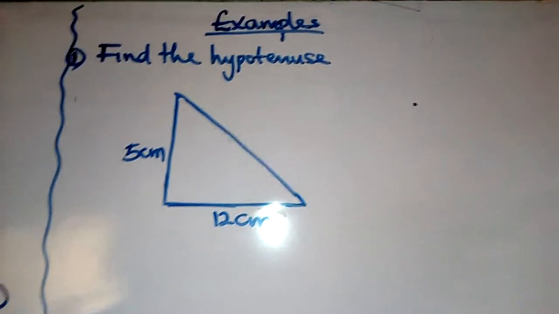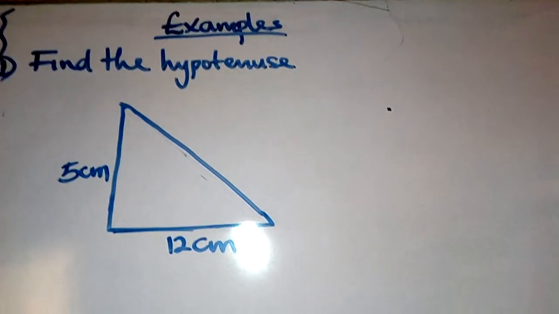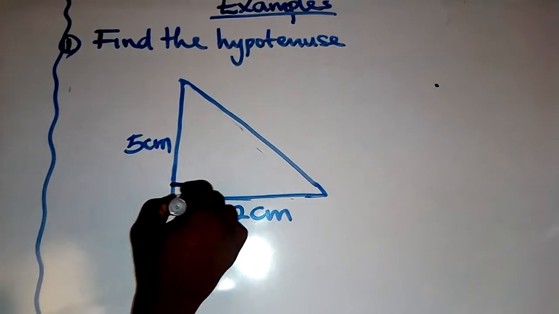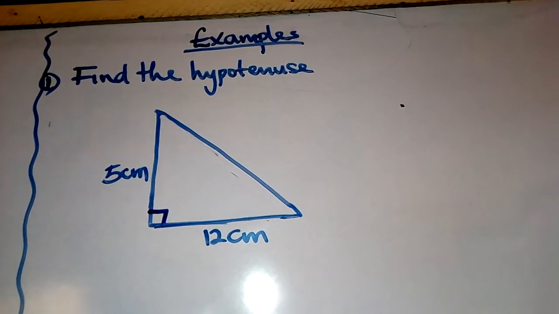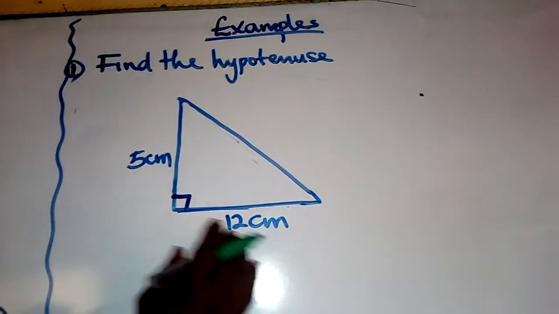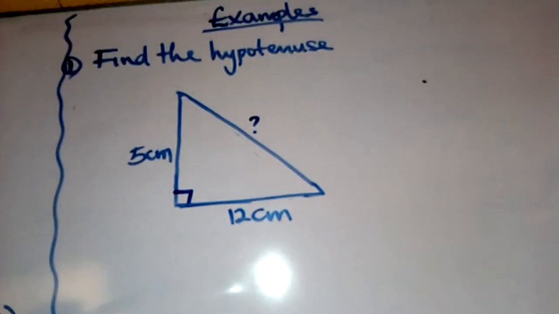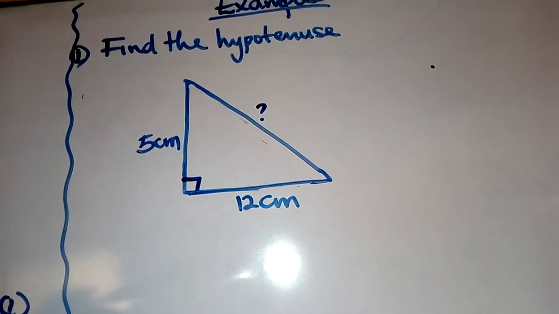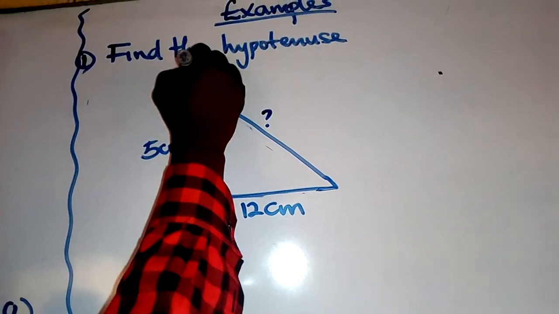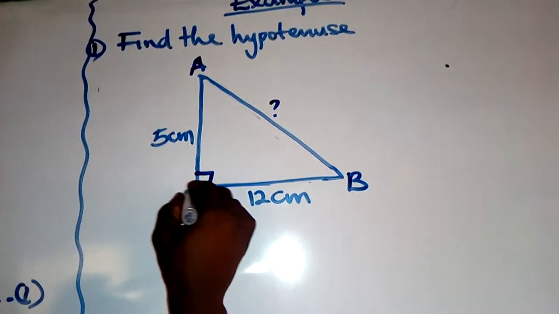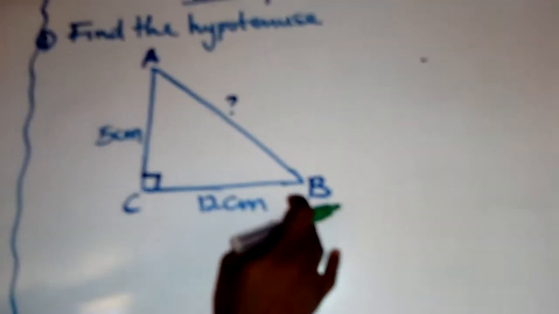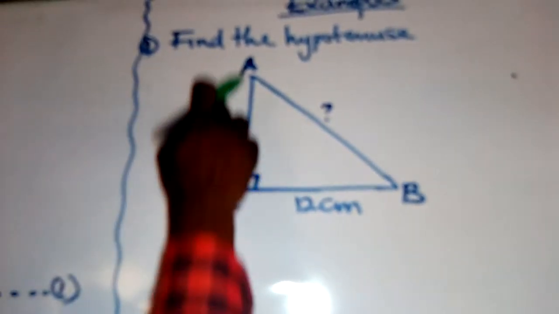Example 1. Find the hypotenuse of this diagram. You can see that we are given the opposite and adjacent. The hypotenuse is unknown. For better understanding, it will be good for us to name the angles A, B, C. We have line AB, line BC, and line CA.